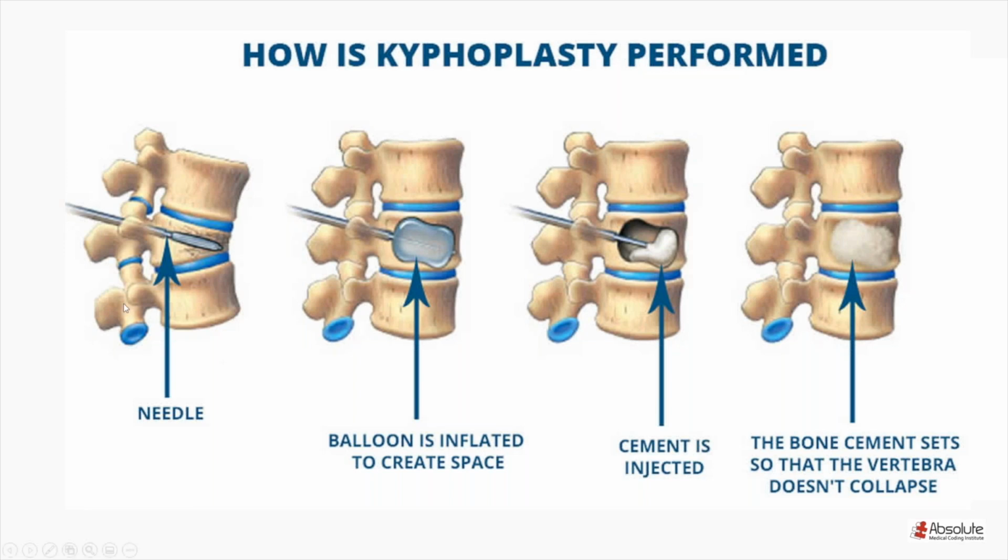After the balloon is inflated, cement is injected. Remember, we talked about that doughy stuff, and then it got hard. When it got hard, it sets so the vertebra doesn't collapse. So it restores the function of that vertebra.